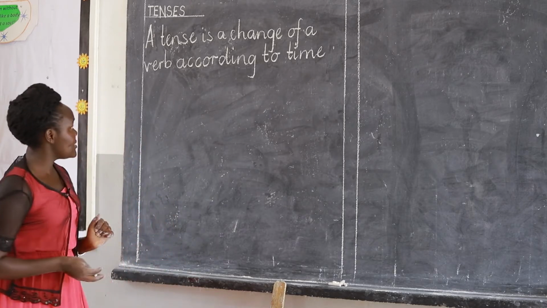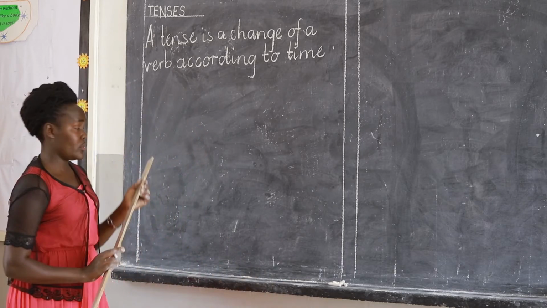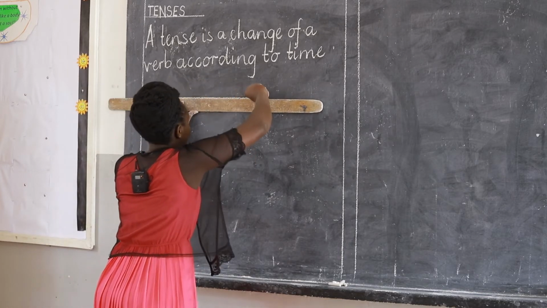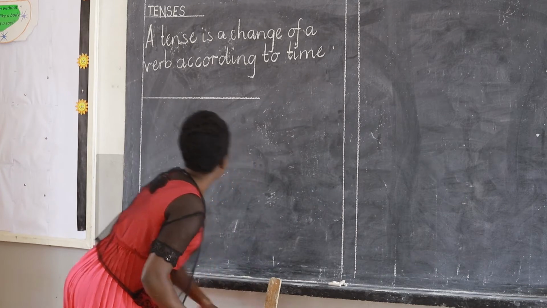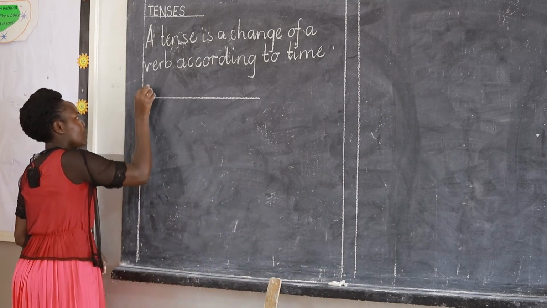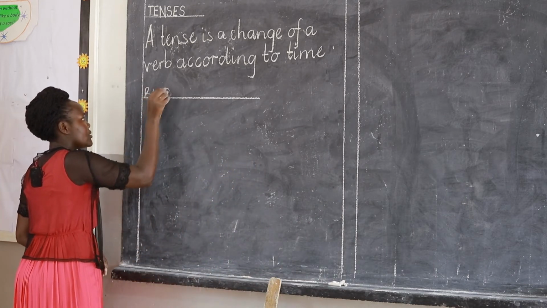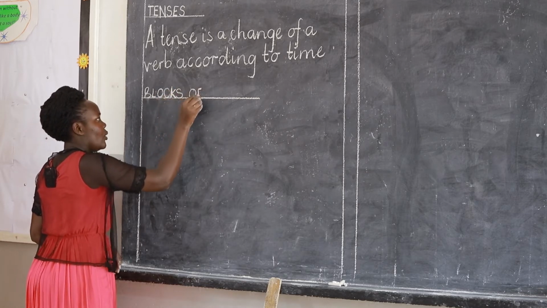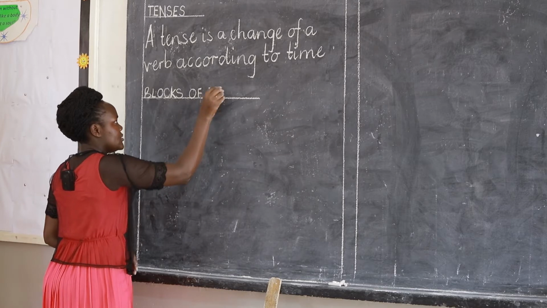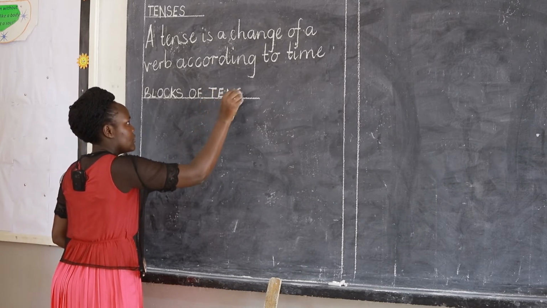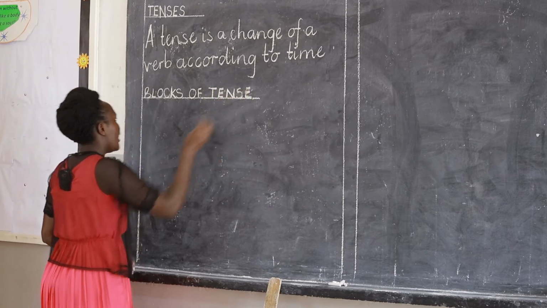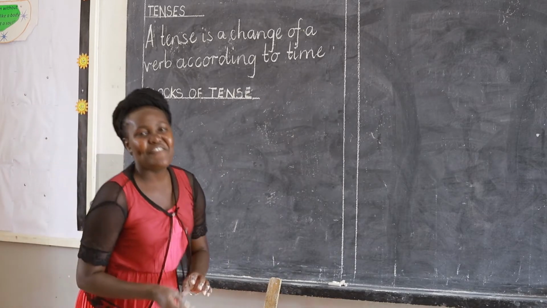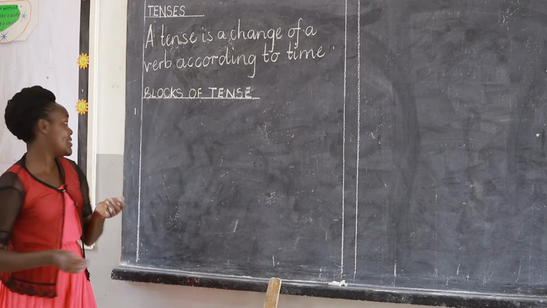So under tenses, we need to know the blocks of tenses. We need to know these different tenses. So I shall call them blocks of tenses. The first one is present tense.